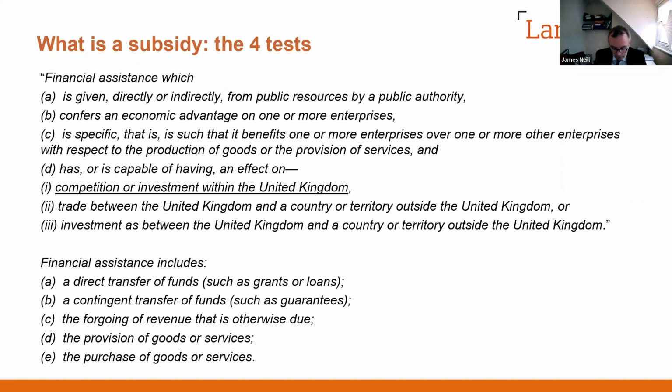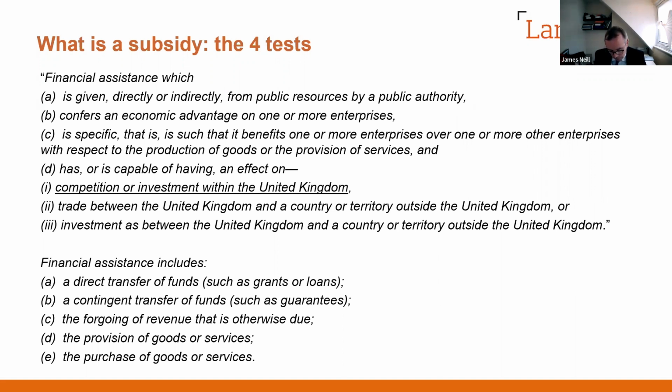Now, for something to be a state aid, it had to be liable to distort competition and affect trade between member states. So the one area where arguably the test for a subsidy under UK law will now be narrower is the fact that in the SCA, it refers to financial assistance under Article 107 of the EU treaty.